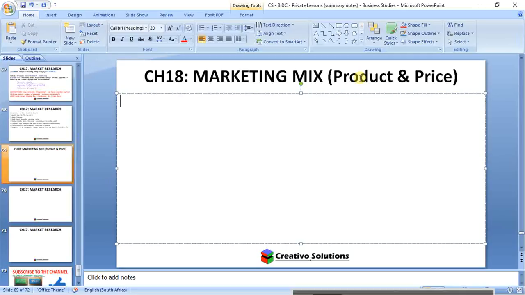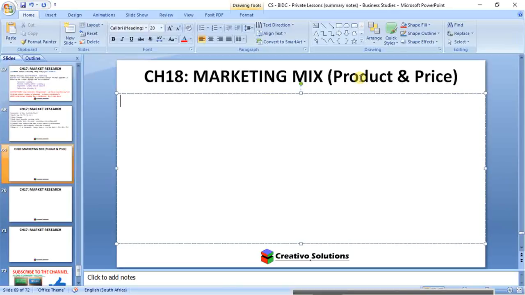Internal. Right, do you agree as a business you determine what product you're going to sell? Yeah. And you determine what the price is going to be? Does that make sense? If I'm looking at promotion and place, that has an element that is outside the business. So slightly different to what we have currently, because product and price is generally inside the business, and that's why they've tried to differentiate between those 4.